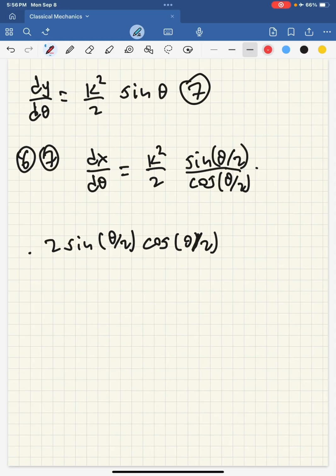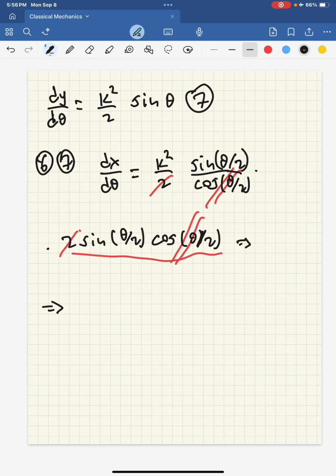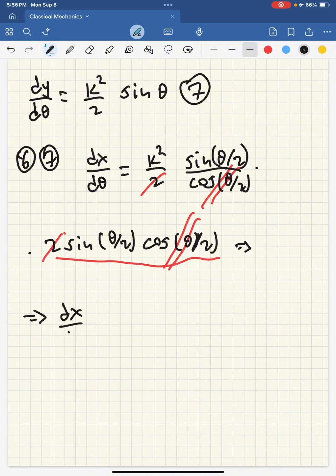This might be confusing, but remember this expression here is on the numerator, so this cosine theta over 2 cancels with this one, and then these 2 cancel with these 2, and we are left with dx over d theta equal to k squared sine squared theta over 2.